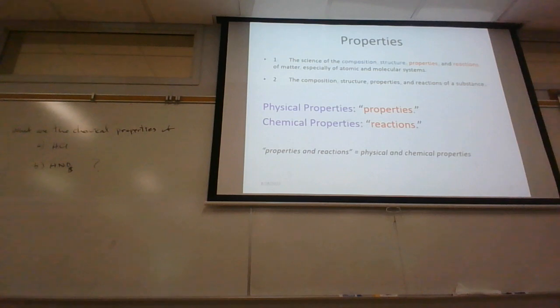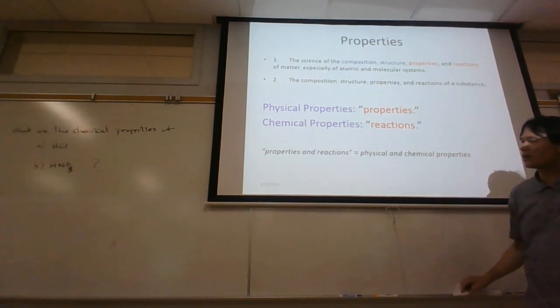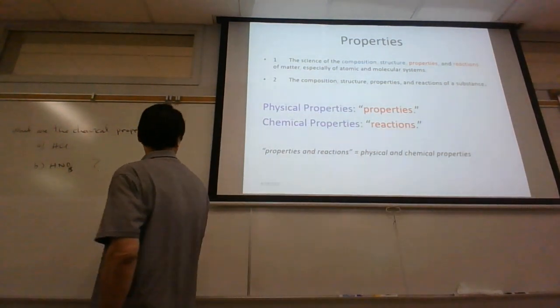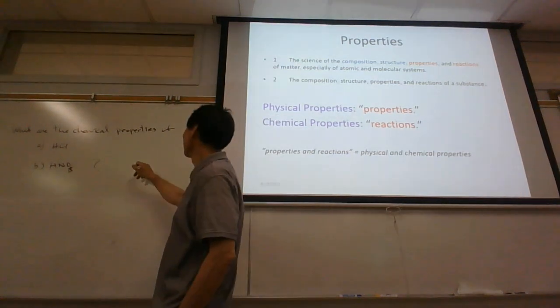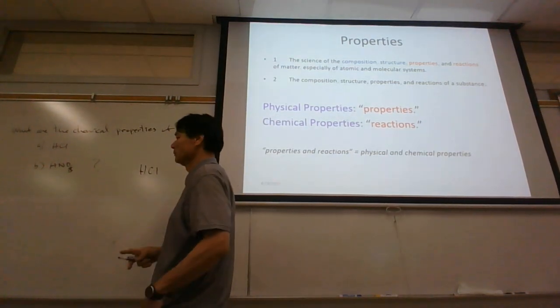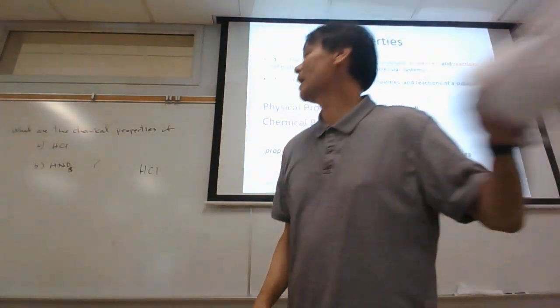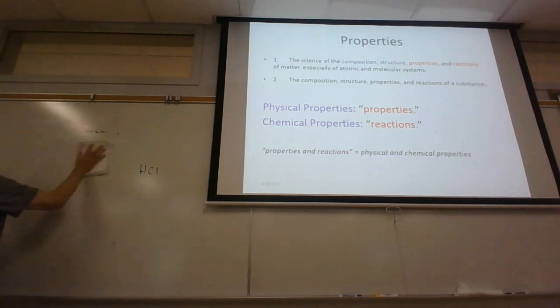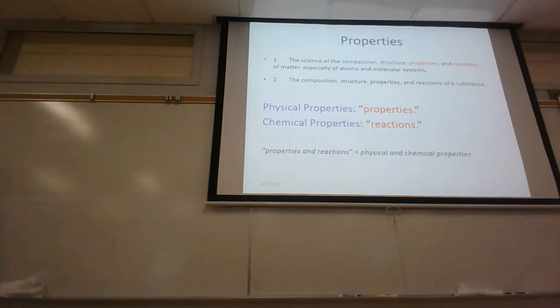We talked about physical properties and chemical properties. Chemical properties are just the reactions that it undergoes. So if we're thinking about the chemical properties of HCl, what types of reactions does HCl undergo? Or what does it react with? Can you tell me everything HCl reacts with? Just give me a list.